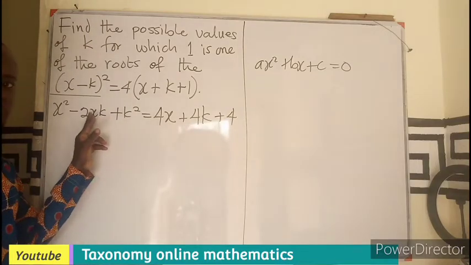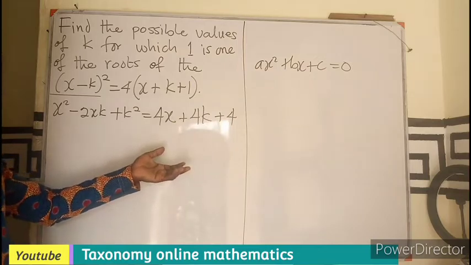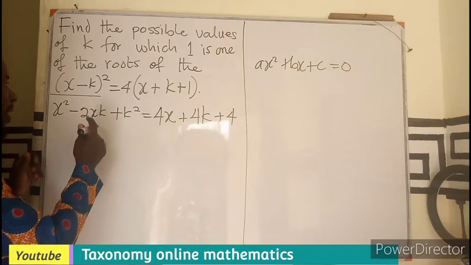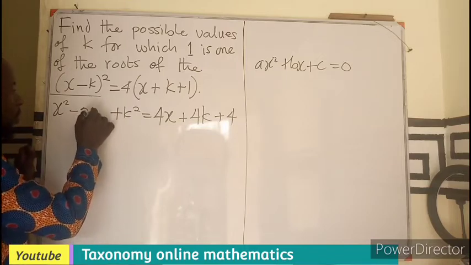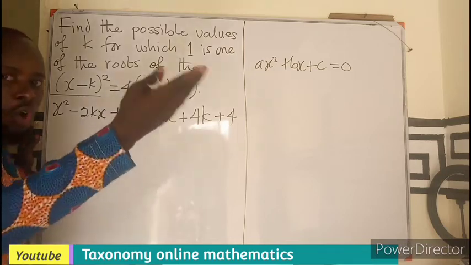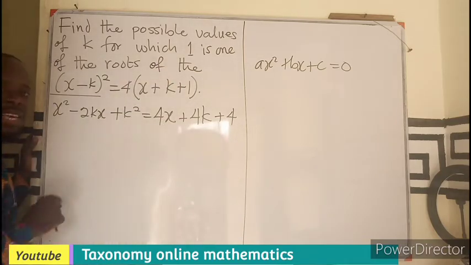So now I can see my x is isolated. Don't forget k is a variable. It's a constant. So this simply means I can even rewrite this to be kx, as in 2k is a constant, then x is a variable.